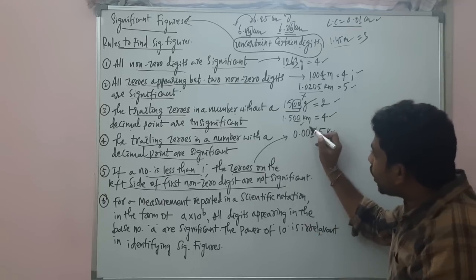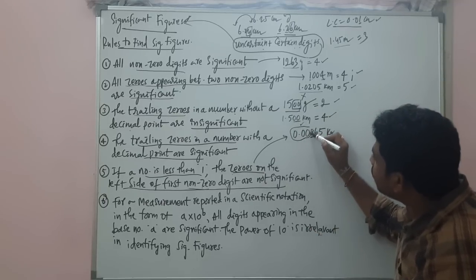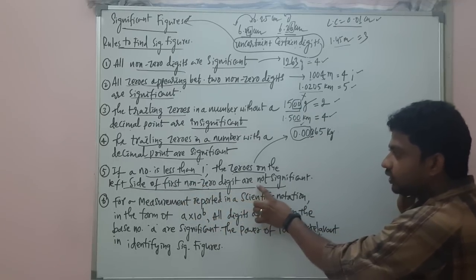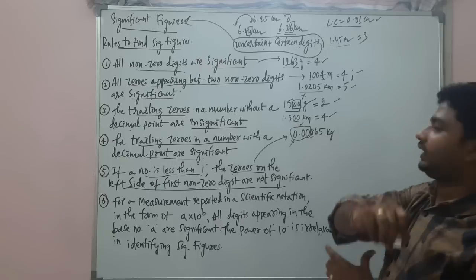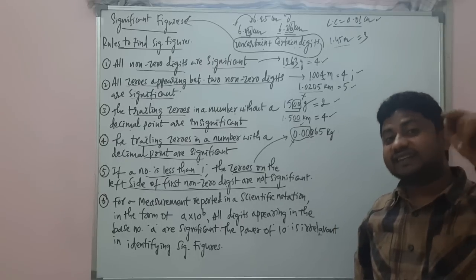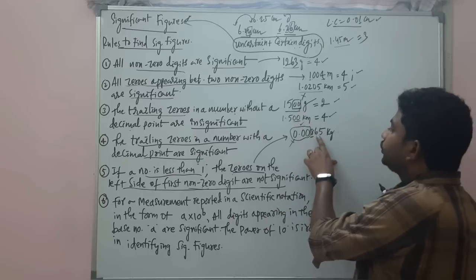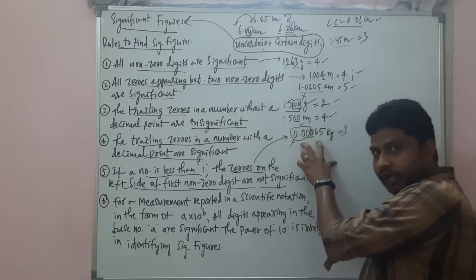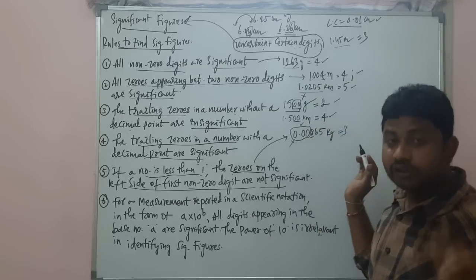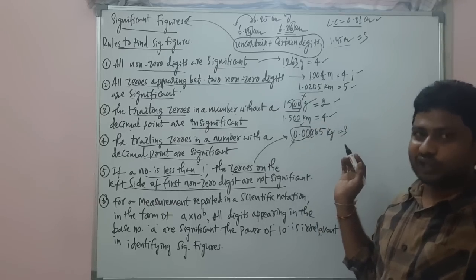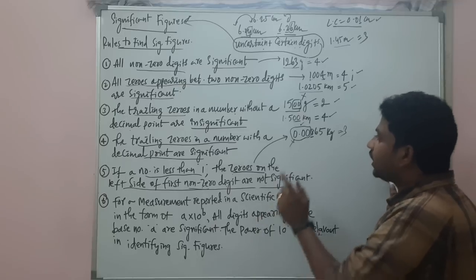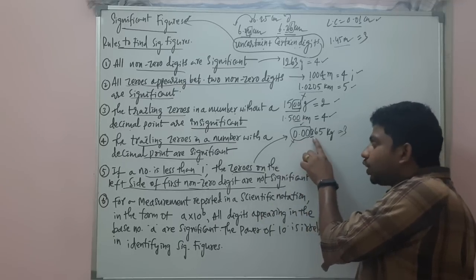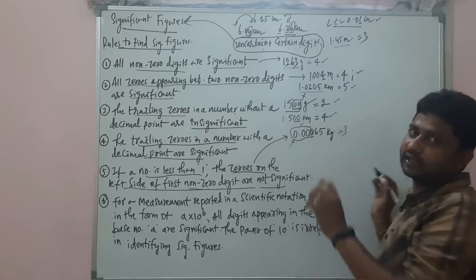The zeros on the left side of the first non-zero digit are not significant. Yes, they are not significant. So how many significant figures are there in this measurement? 1, 2, 3. Because this is a measurement where the value is less than 1, that indicates you should use the rule. What is the rule? If the number is less than 1, the zeros on the left side of the first non-zero digit are not significant. Okay.